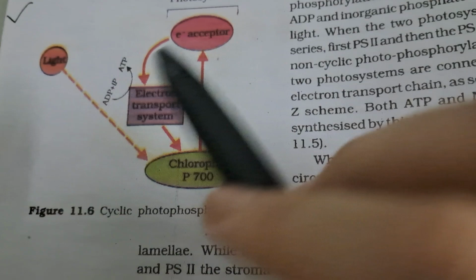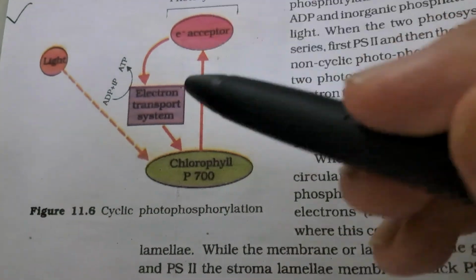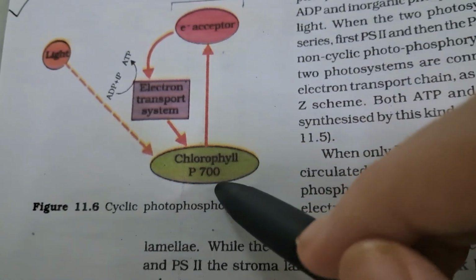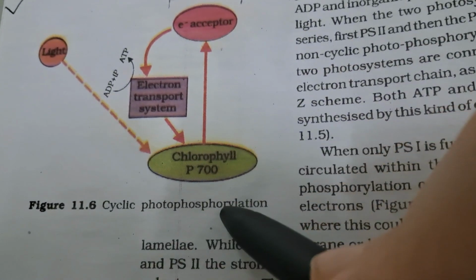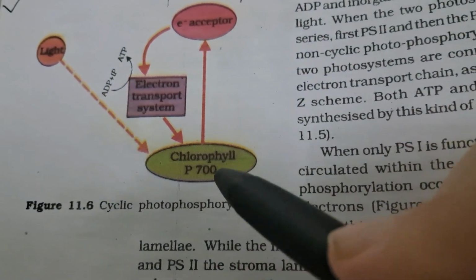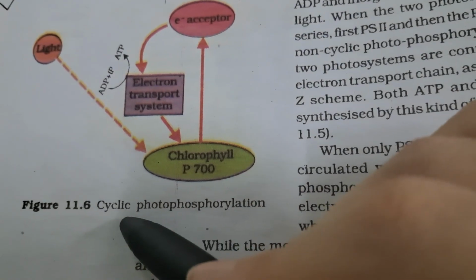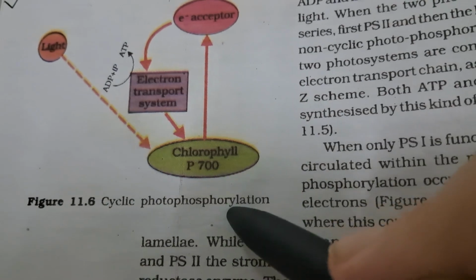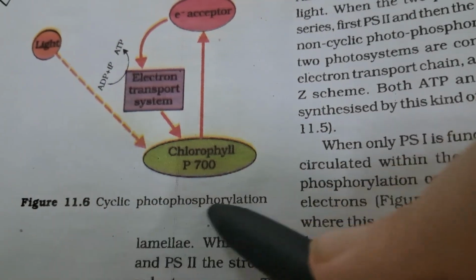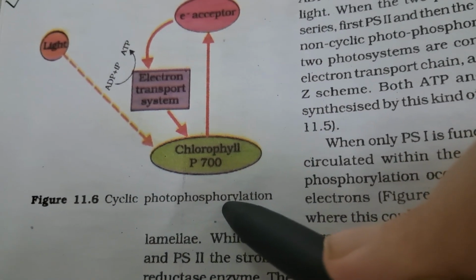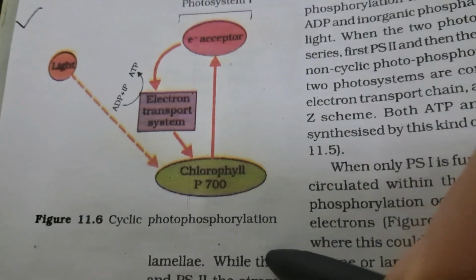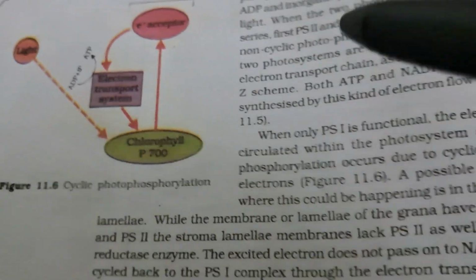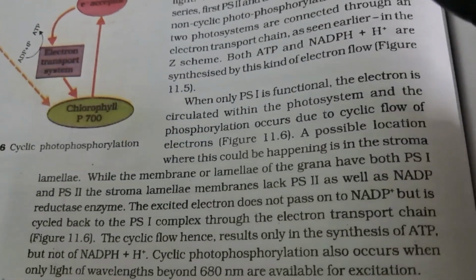If there is no NADPH formation, then we do not need the enzymes associated with NADPH. Since cyclic phosphorylation is not going to produce NADPH, it doesn't need the NADP reductase enzyme, and that is why indirectly we can say that it lacks it. But instead of saying it that way, our NCERT says that it lacks.